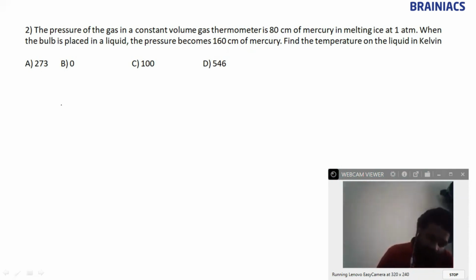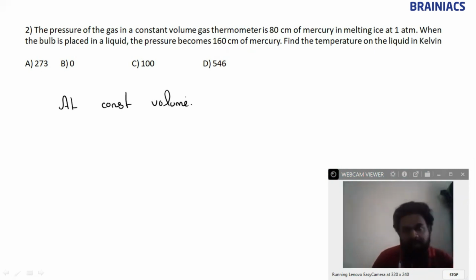So here we know this is at constant volume, so we need not think like T is equal to P of that particular. Such cases are not given here. They have given two states of a liquid.